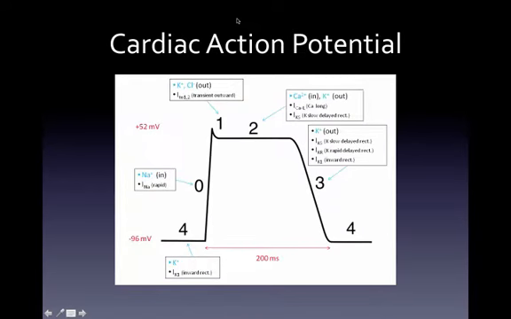Cardiac action potential. Now, whenever we take a look at pharmacology, we're going to look at antidysrhythmics in classes. So a class 1 antidysrhythmic is a sodium channel blocker. A class 2 is a beta blocker.